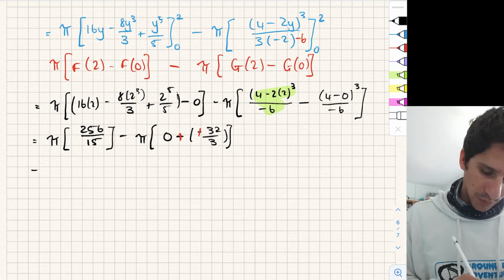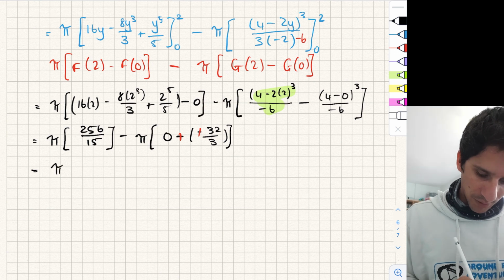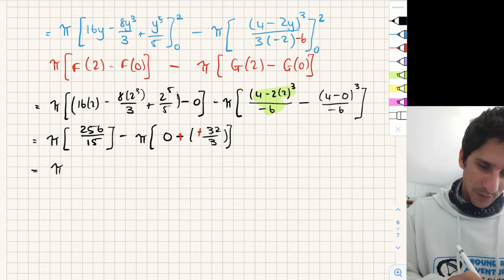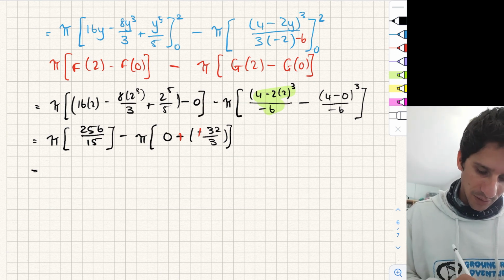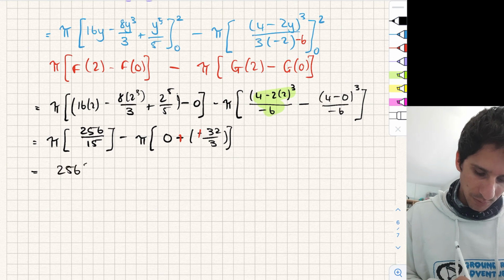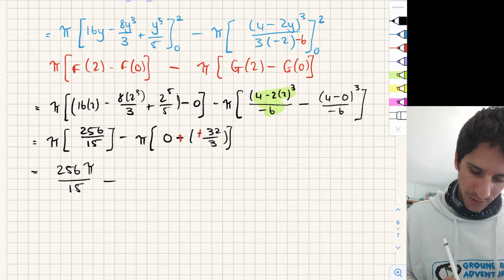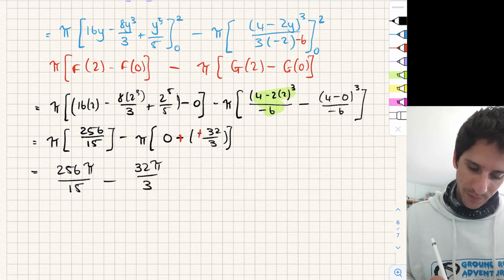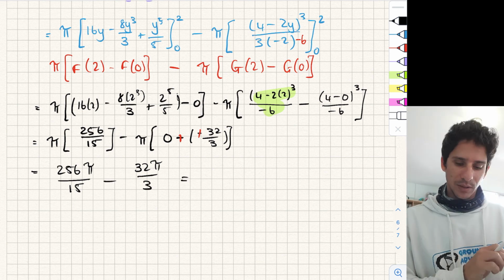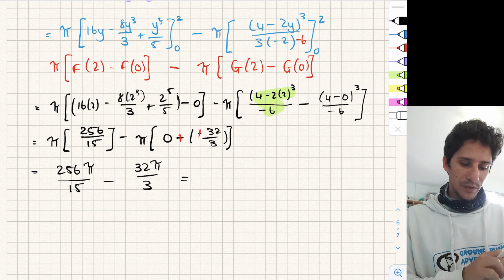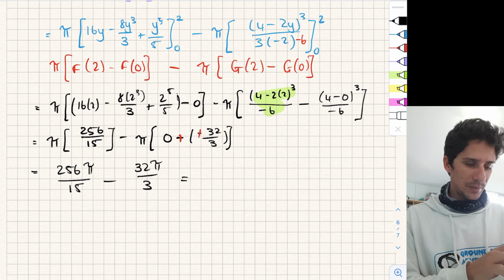Okay, so finally we can put everything together. We can actually even write this as 256 pi over 15 take away 32 pi over 3. Right, this gives us, well, let's take 256 over 15, take away 32 over 3.